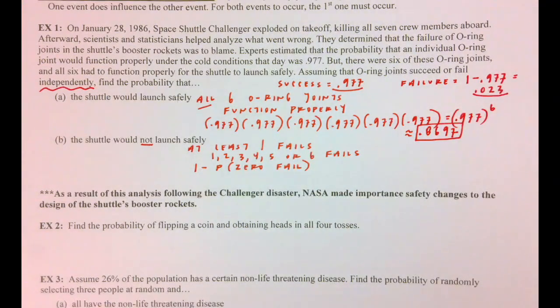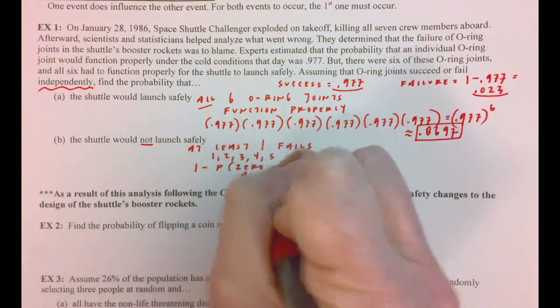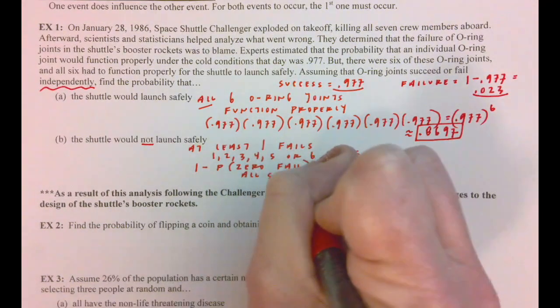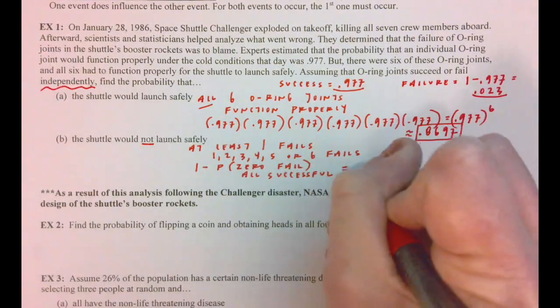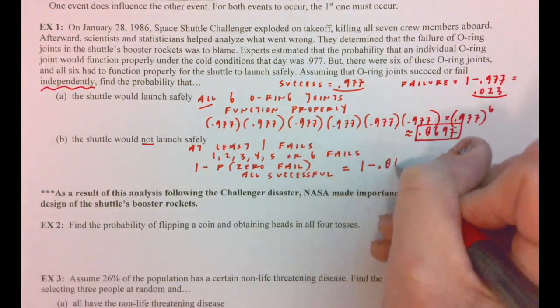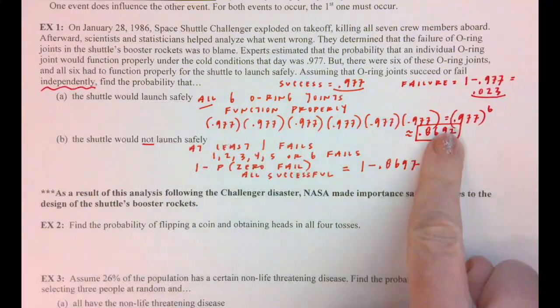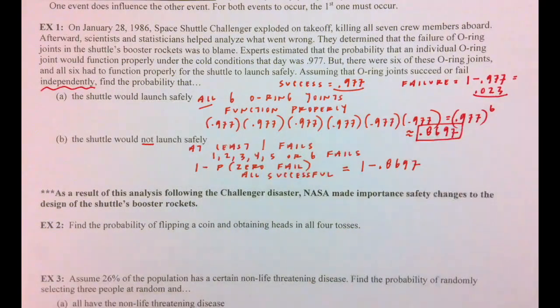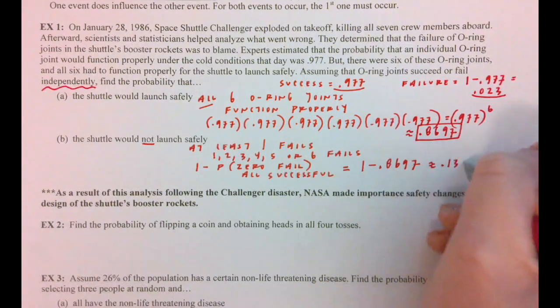So here, if zero failed, that means that they were all successful, which we've already solved for. So 1 minus 0.8697, right? That was the launch that went smoothly. So here we get about 0.1303.